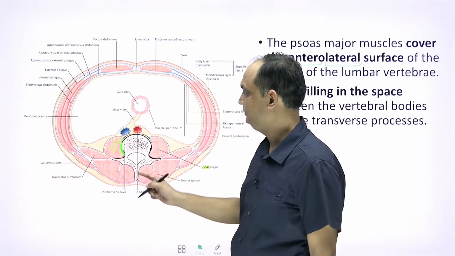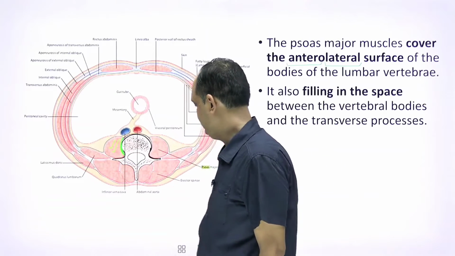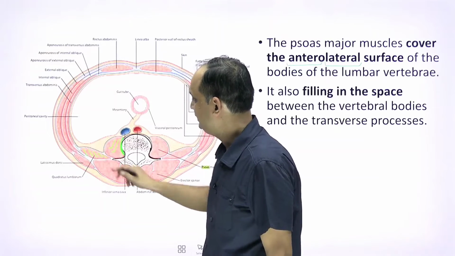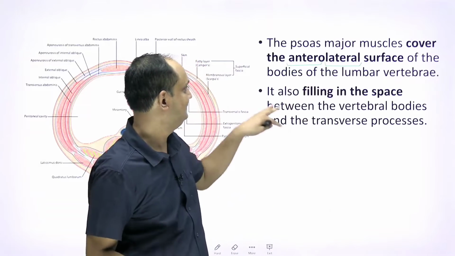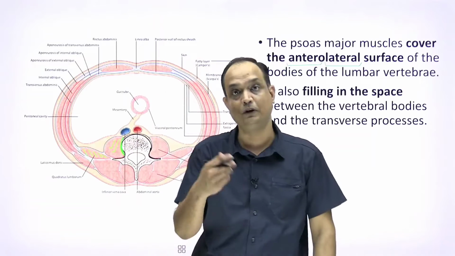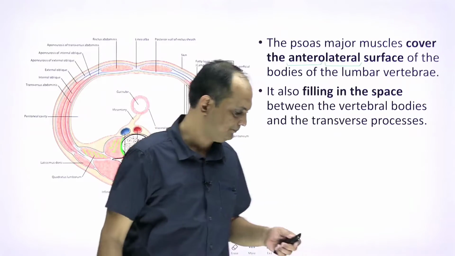And I already told you that just lateral to the psoas major, this muscle has to be your quadratus lumborum. So this is the one thing which you have to understand. And the second thing is that it fills the space between the vertebral bodies and the transverse processes, which we just appreciated in the video clip.